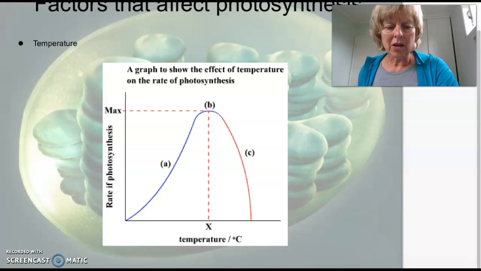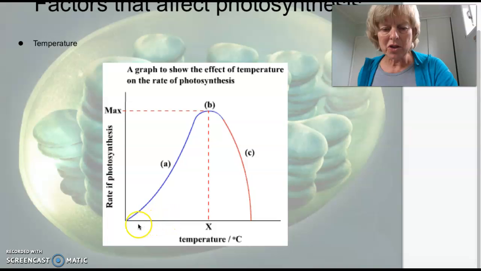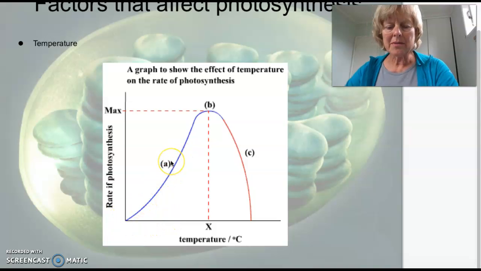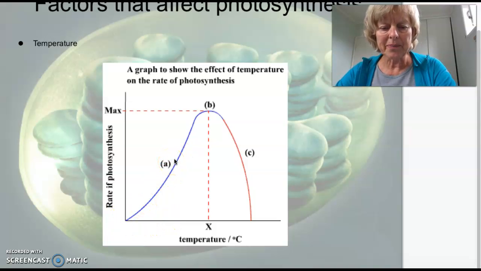And here on the left, where the temperature is low, enzymes have very little kinetic energy, as have the reactants, and therefore the reaction rate is very slow because the particles, so the enzymes and the reactants, don't collide at a sufficient rate.